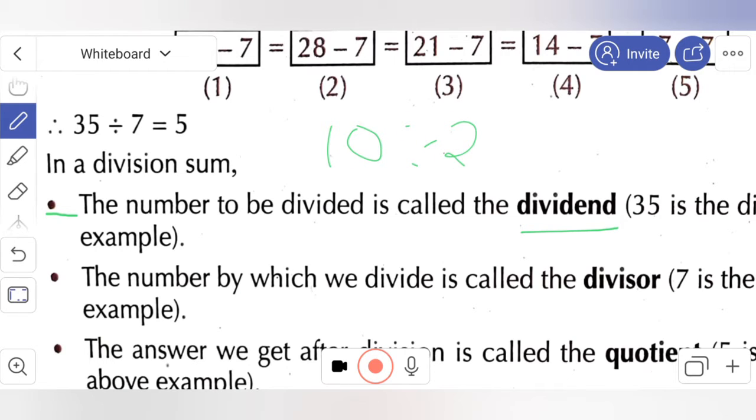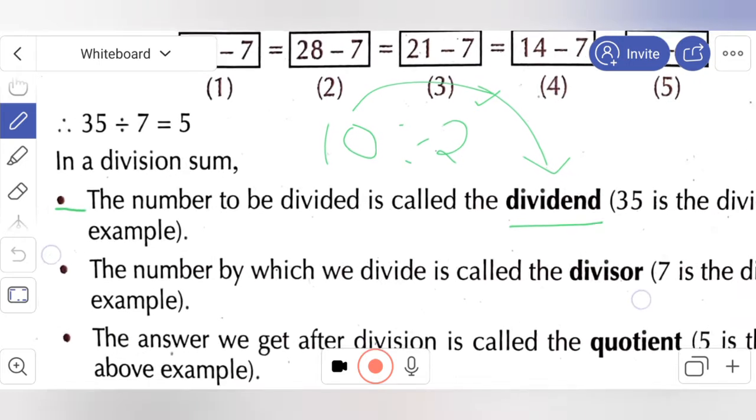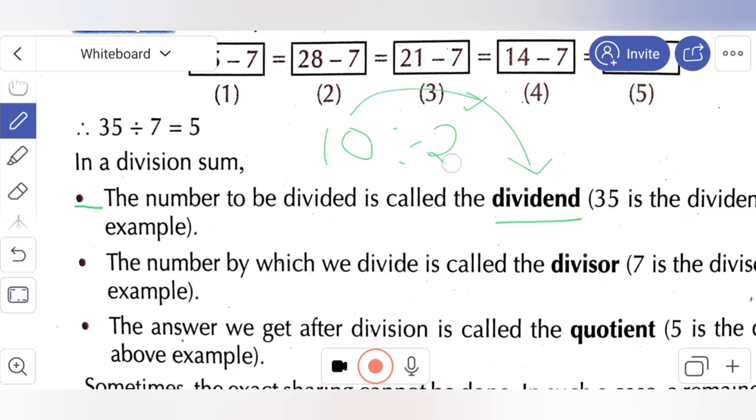So this 10 is called dividend. The number by which we divide is called divisor. So this 2 is called the divisor. The answer that we get, this 5, is called the quotient.